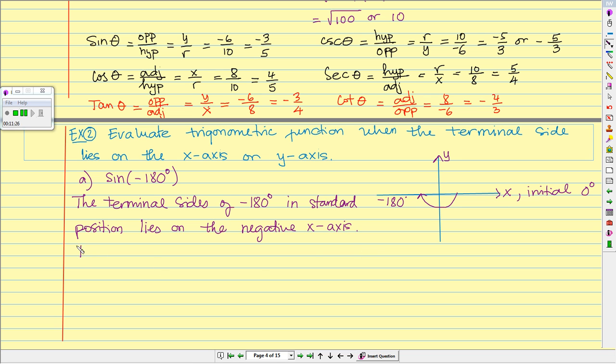So now your job is to just pick a point on the terminal side.